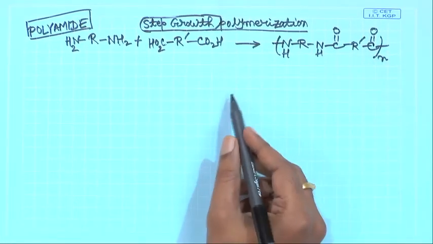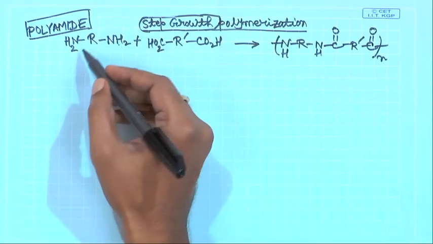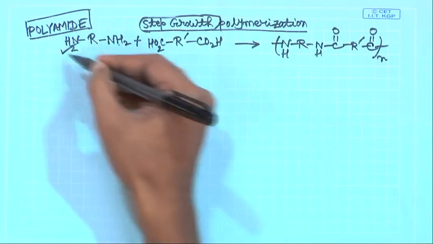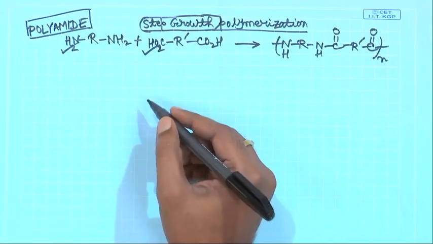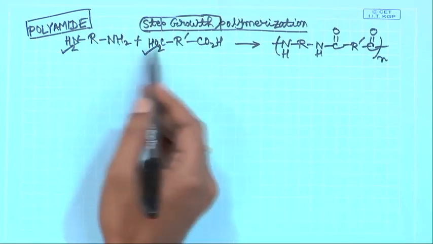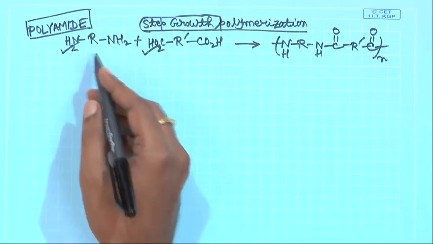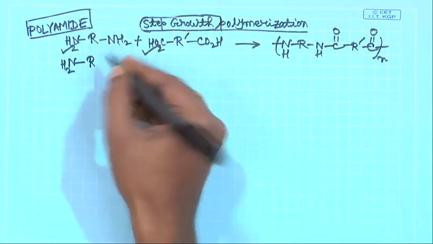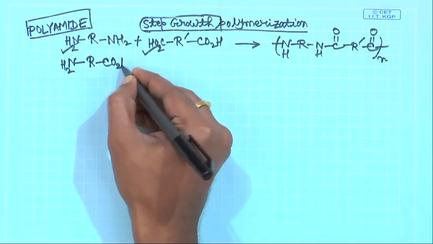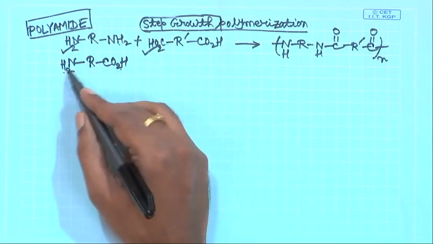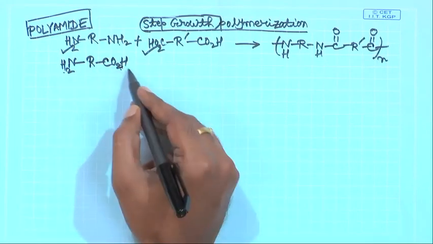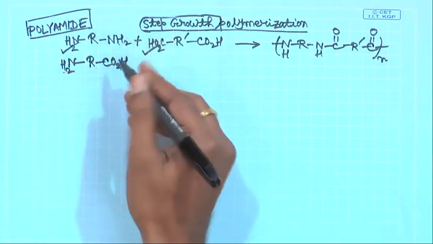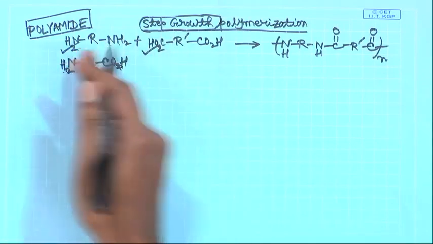Something like this. Or what we can also have is that in the same monomer, you are reacting an amine function with a carboxylic acid function. So, this is basically the reaction between different functional groups. Or the same molecule could contain both the functions, and then the functions will react among themselves between different molecules.